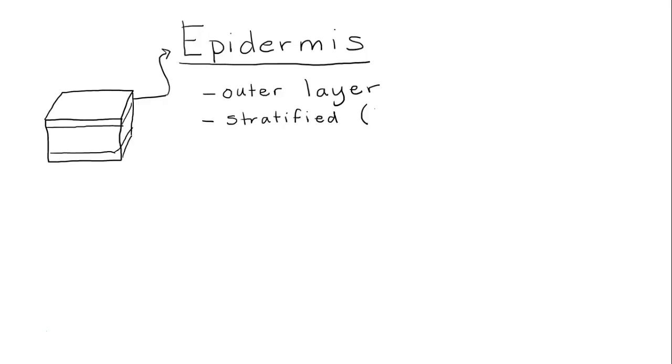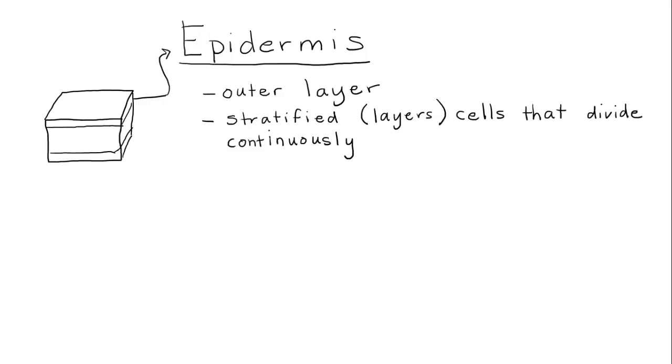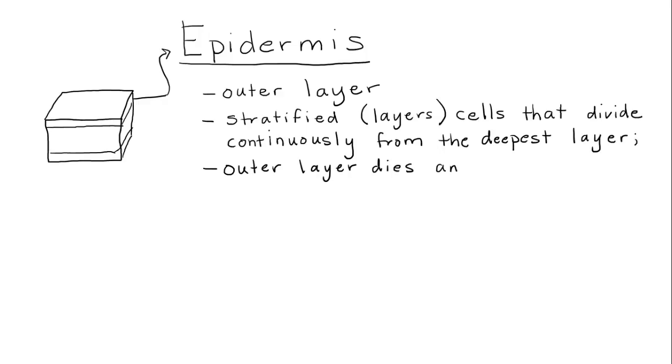The epidermis is stratified, which means it is layered, and the cells are found in layers. These cells continuously divide from the deepest layer, and they push the outer layers towards the surface. Then the outer layers die and slough off as new cells are produced from underneath.